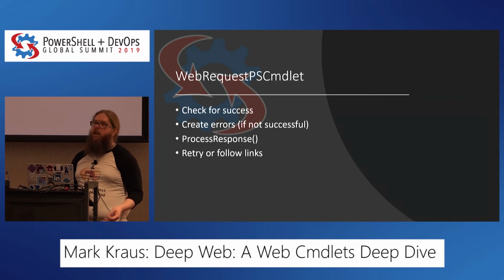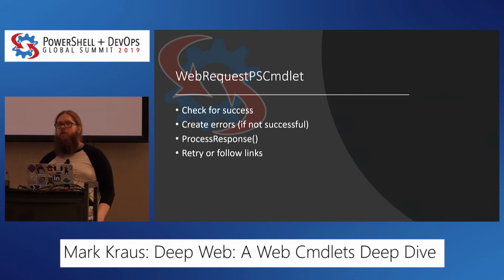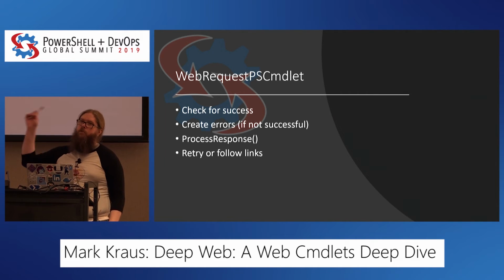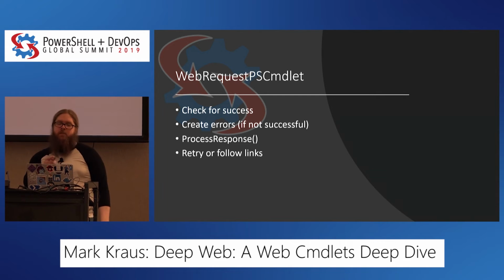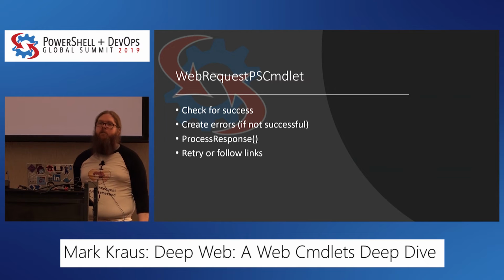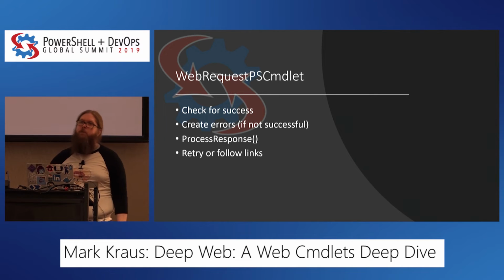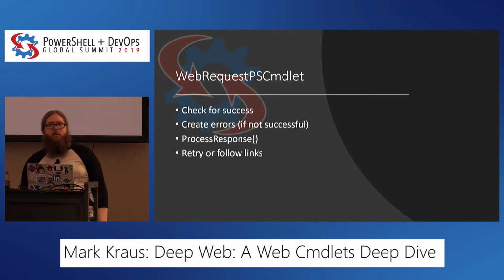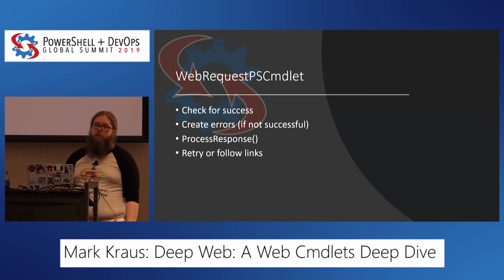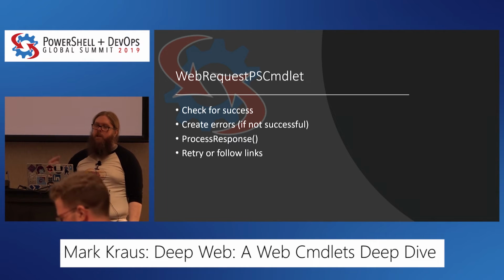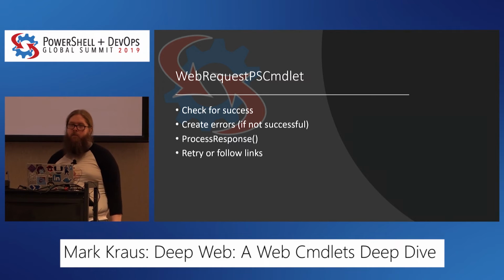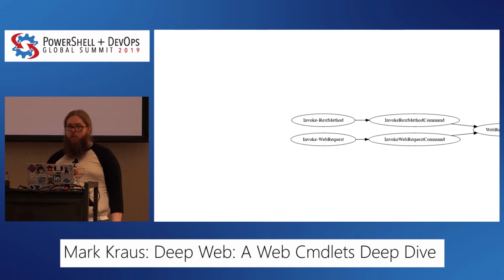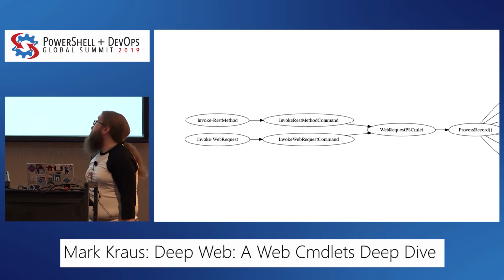Once it's done all that, it's like, okay, Invoke-WebRequest, you go do your thing, or Invoke-RestMethod, you go do your thing. The other thing it does is the retry and follows. Another feature that was added was the ability to retry on endpoints. That is handled in the base class and not in the actual Invoke-RestMethod or Invoke-WebRequest command.